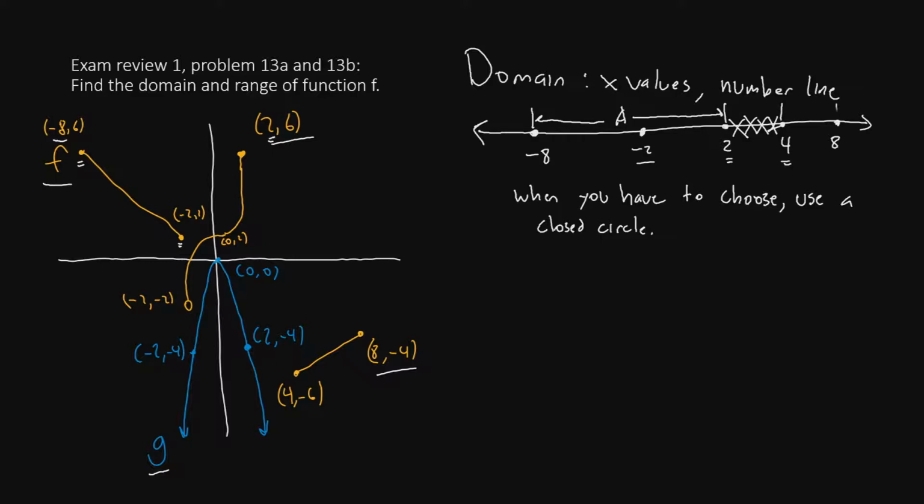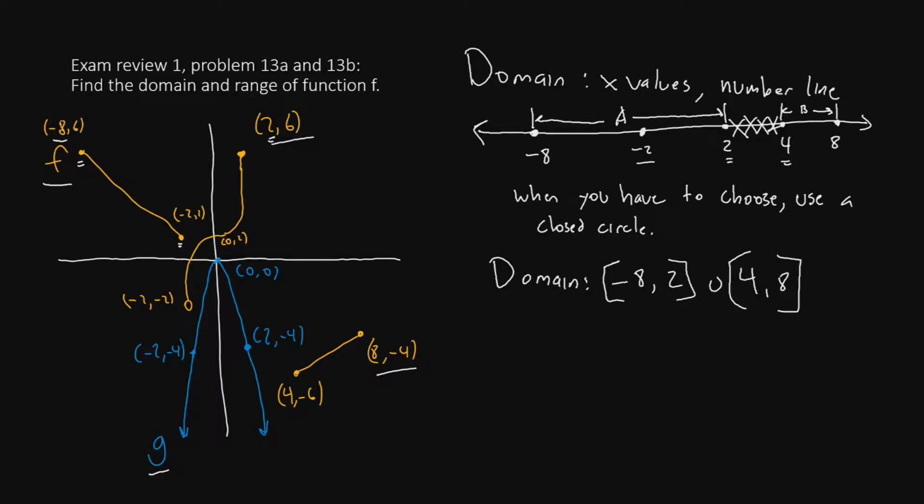The second region, which I'll call region B, will be between 4 and 8. So my domain will be this. -8 to 2. Both of them are closed circles, so we will use square brackets. Union, piece B, which is 4 to 8. Those are both closed as well, also square brackets.